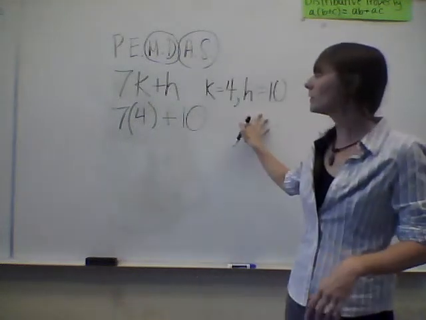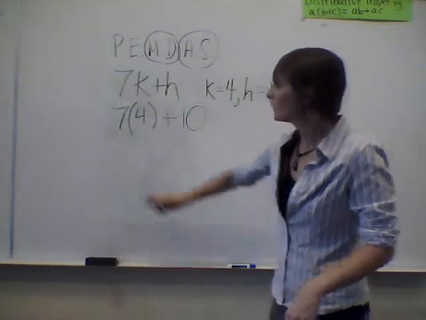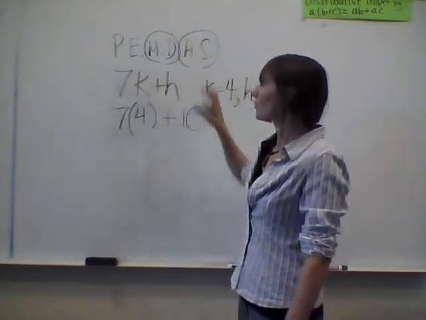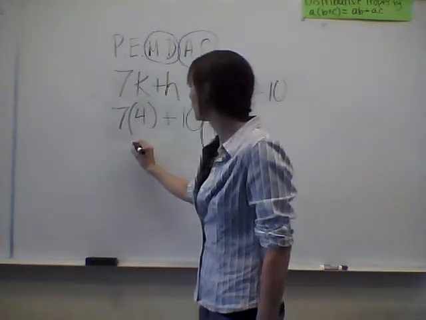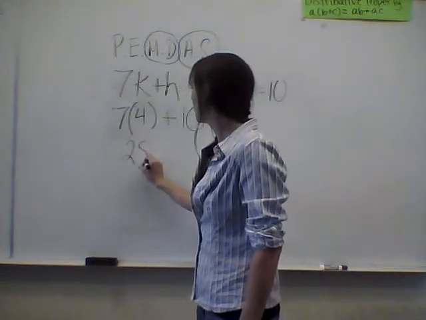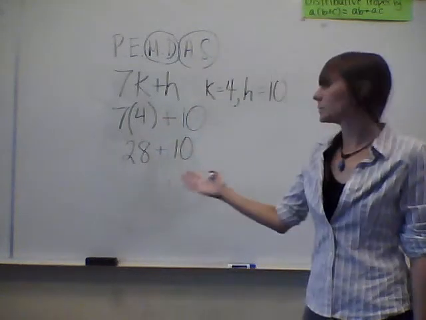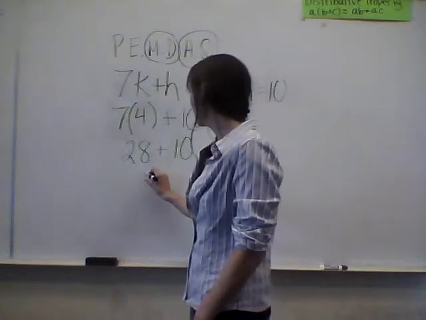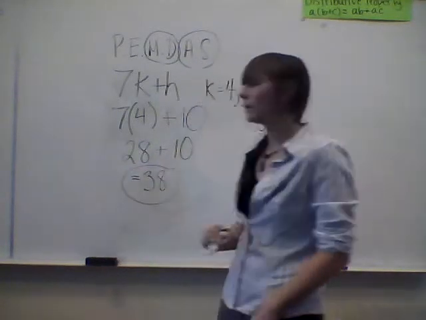You're just plugging these values into this expression. Okay, and so now we're going to go with the order of operations again. Multiplication comes first. So 7 times 4 is first. And that's 28 plus 10. Okay, and then we're just going to add 28 plus 10 equals 38. Now you've evaluated that expression.